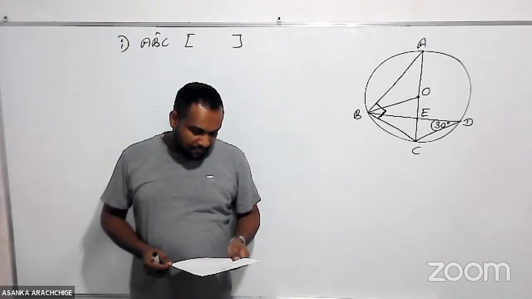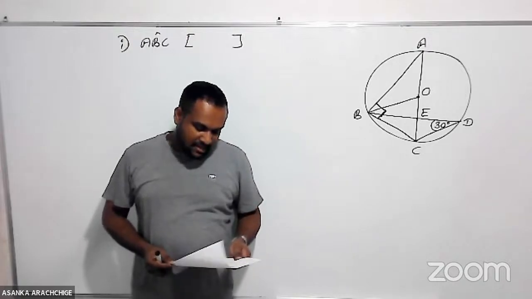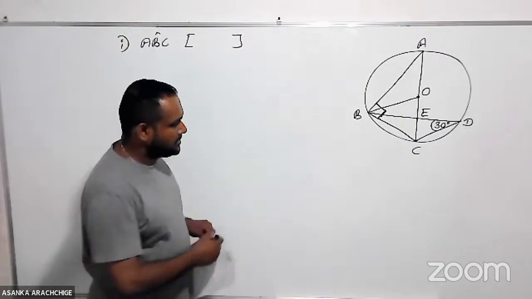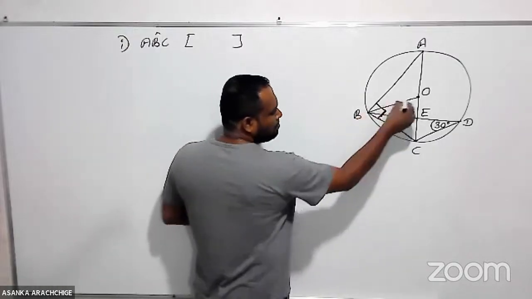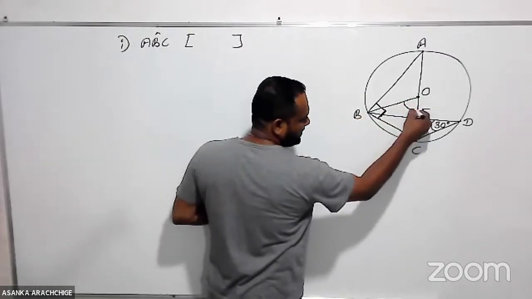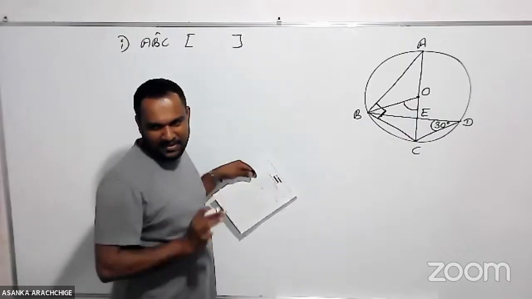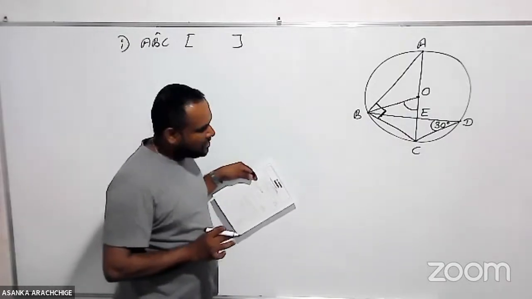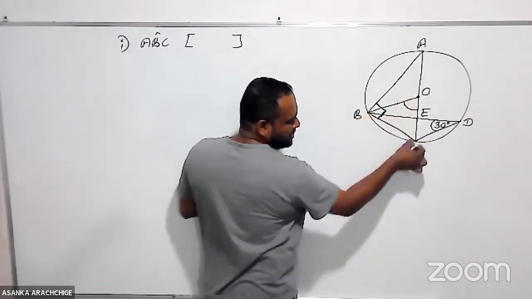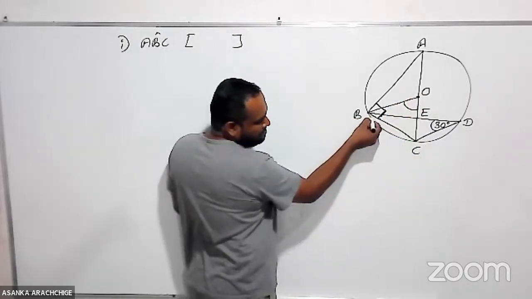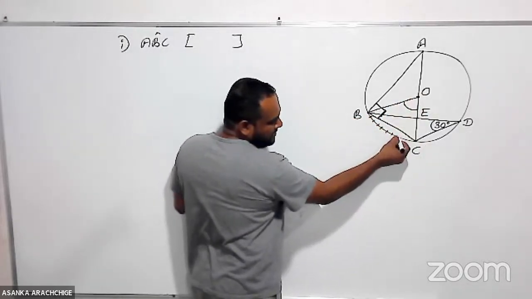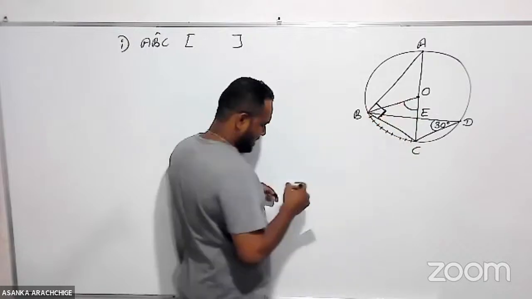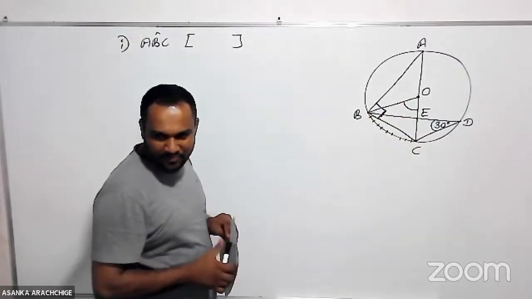Number 2, find the magnitude of angle BOC. Look, BOC is very similar to the previous sum. Angle BOC is subtended by the minor arc BC at the center.